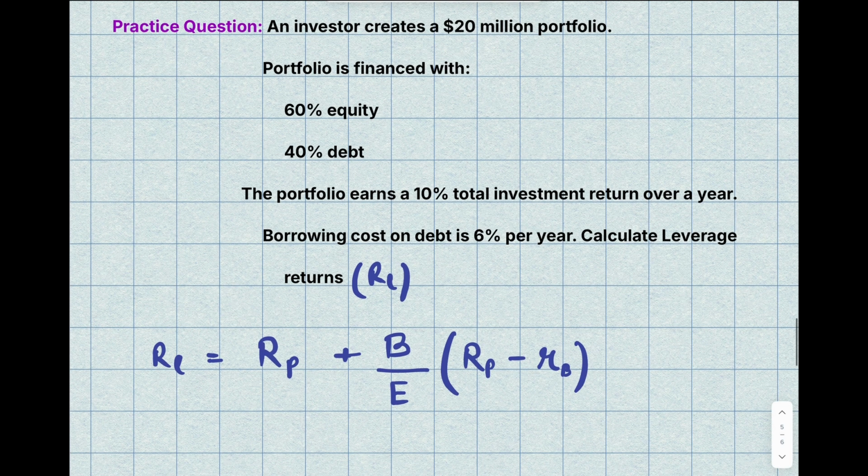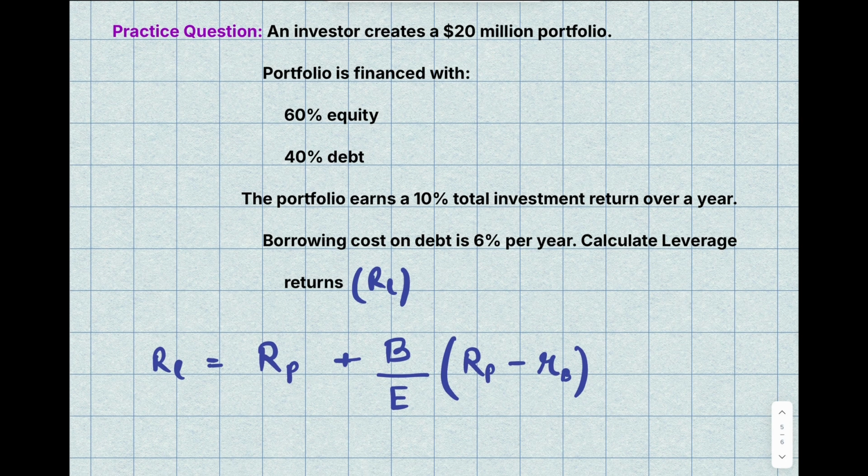So what do we have here in our example? Portfolio earns 10% return. So this is the RP. 10% you can write as 0.1. So this is 0.1, and this will also be 0.1. Cost of borrowing on debt is 6% per year. So this will be 0.06. Okay, 6% we can write as 0.06.